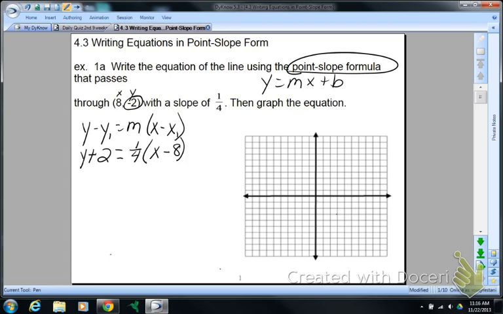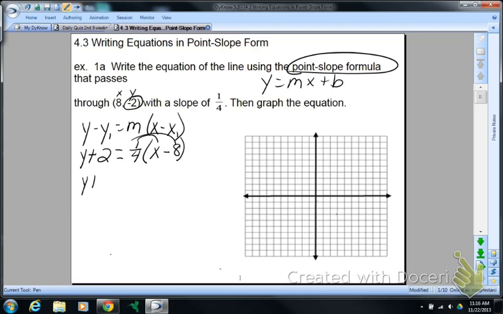So to do that, what would be the very first thing we would do? Our goal is to solve for y. What would we do with the parentheses? We have to get rid of the parentheses, yes. We would use the distributive property.